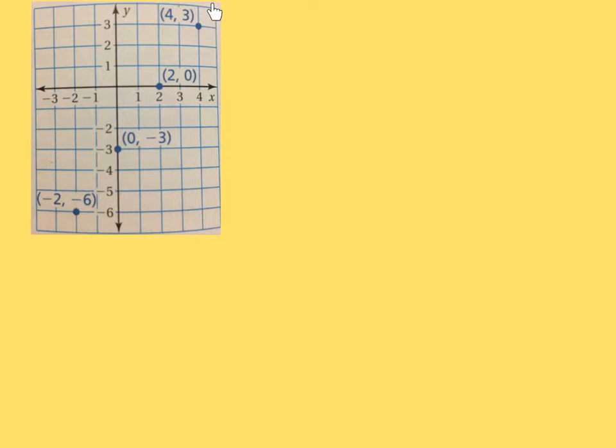Alright? So to write a linear function that relates y to x, we're going to follow a few steps. First, we need to find the slope. You may or may not remember this, hopefully you do, because you've been using it a lot.